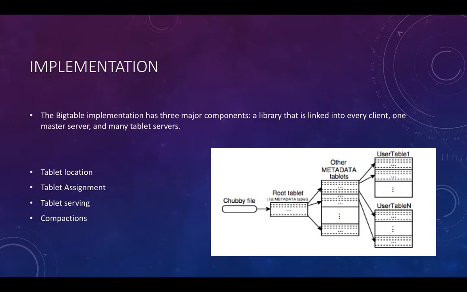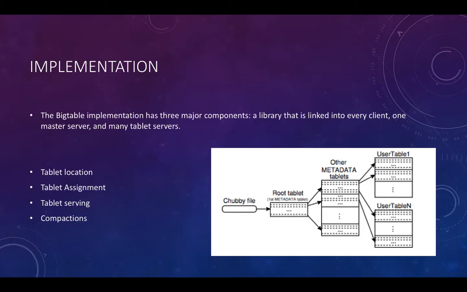And the compaction includes three parts. The first part is minor compaction, which is when the memtable size reaches a threshold, the memtable is frozen and a new one is created, and the frozen one is converted to an SSTable and written into GFS.